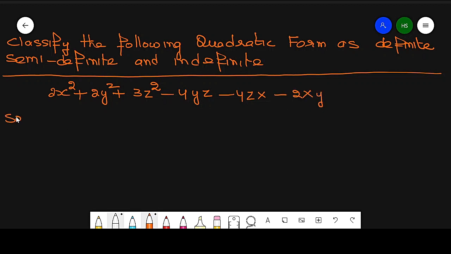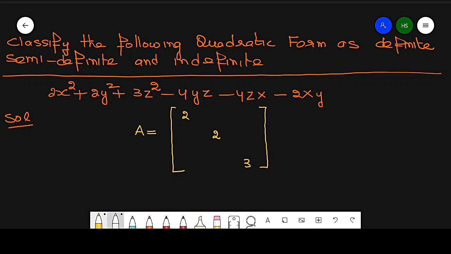Now solution. So this is a given quadratic form. So I will do this question again. What is the corresponding matrix of the quadratic form? If I write this as A, just write in this way: diagonal entries 2, 2 and 3.